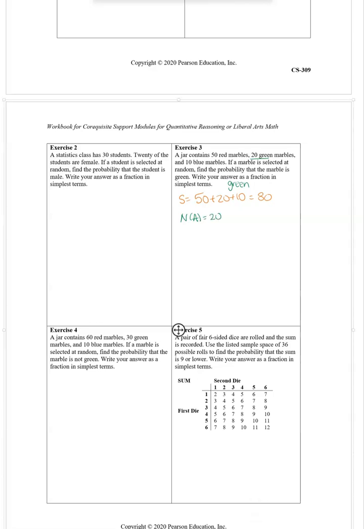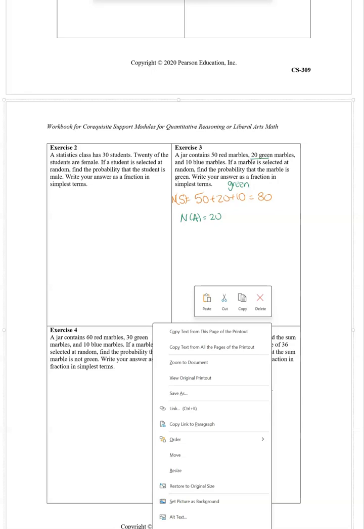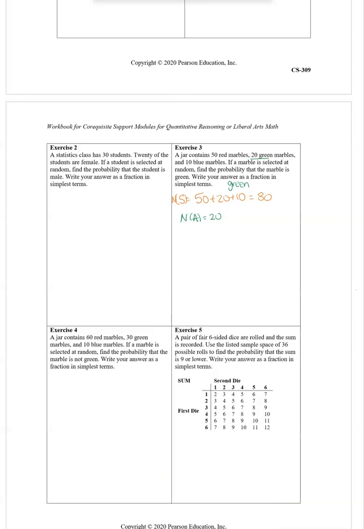So anyway, we're going to have 20 over 80. And then, of course, we're going to simplify that, right? And it's going to be 1/4. So that equals our P of A. Okay?